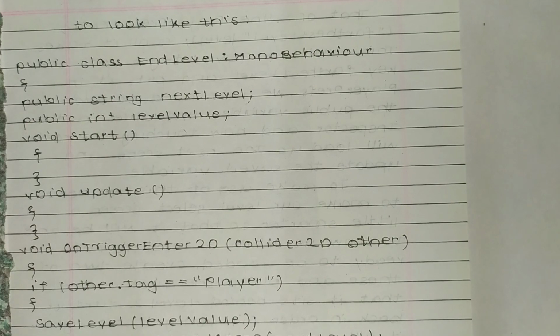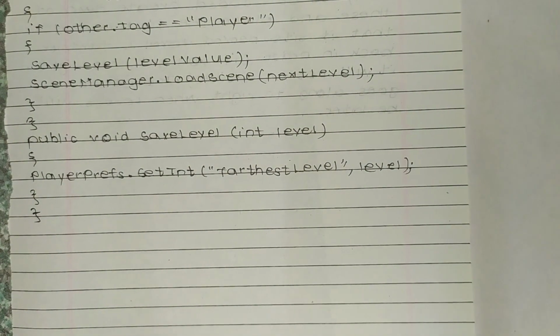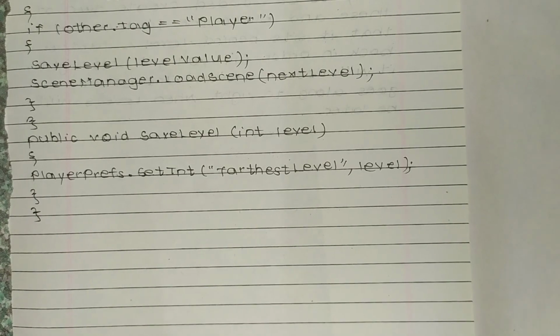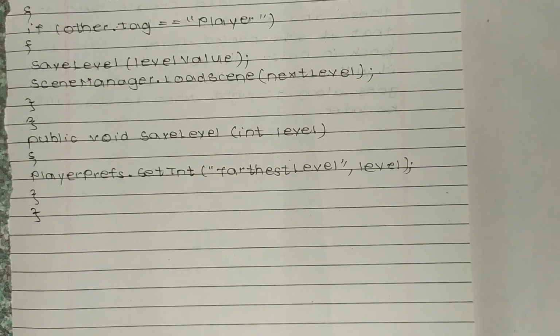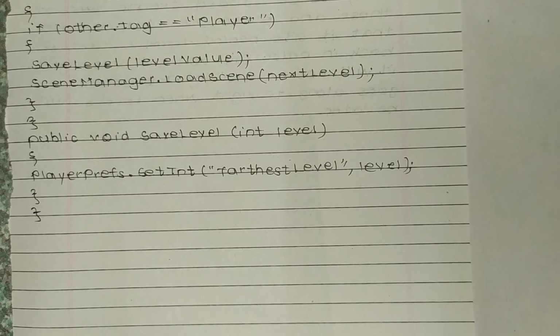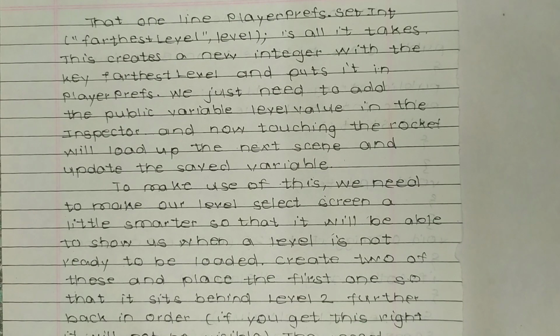If other.tag is equal to Player, SaveLevel(levelValue), SceneManager.LoadScene(nextLevel). Public void SaveLevel(int level), PlayerPrefs.SetInt("furthestLevel", level).